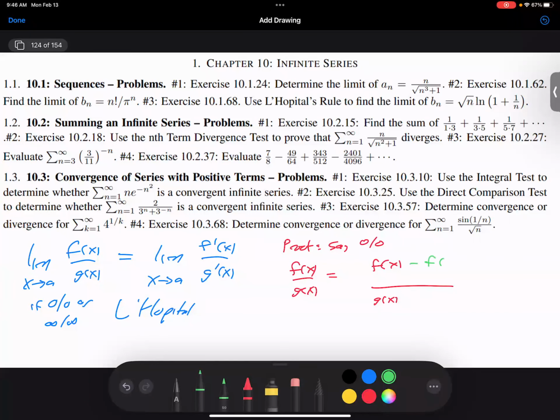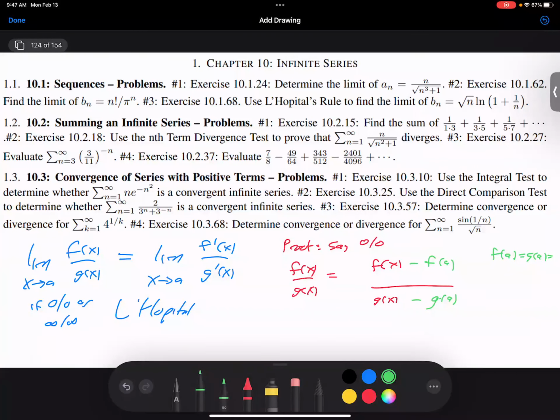Can I subtract f of a from both? Why? What does f of a equal? I'm sorry. I'll do f of a upstairs and I'll do g of a downstairs. Why can I do this? What am I assuming that f of a and g of a equal right now? 0.